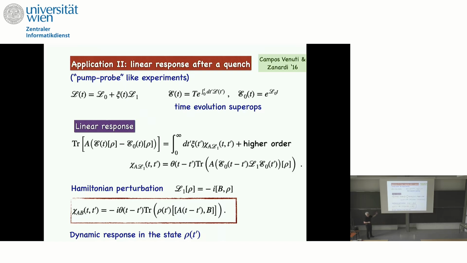So you evolve the state up to time t prime, and in that state, then you do a linear response measurement. So this is what this susceptibility looks like. And in general, for Lindblad equations, there doesn't seem to be any work on this that I've been able to find, at least.